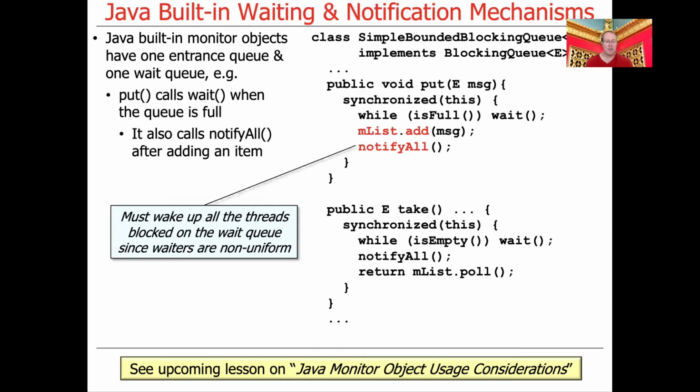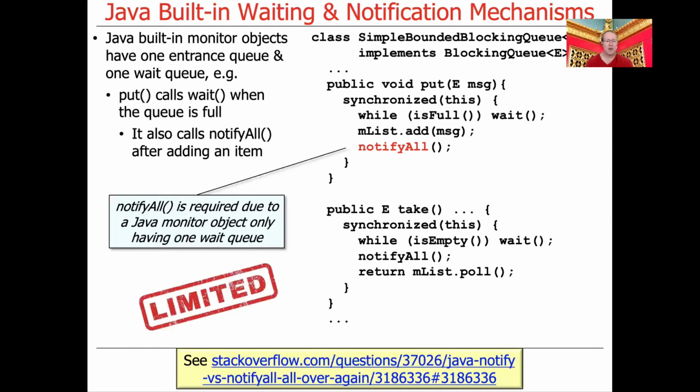And so the whole uniform waiters test that we talked about when we talked about condition objects doesn't apply here. We have non-uniform waiters because some waiters are waiting for the queue to be not empty, some waiters are waiting for the queue to be not full, and we can't differentiate between them with multiple condition objects because there's only one condition variable per built-in Java monitor object, which again is a limitation.